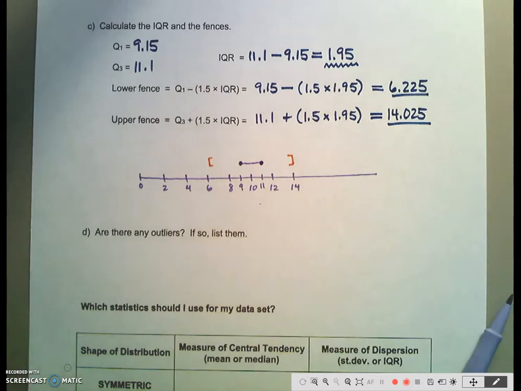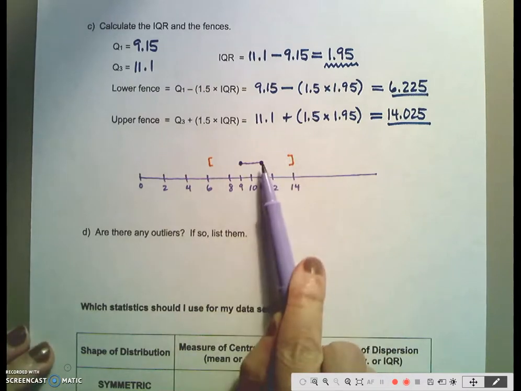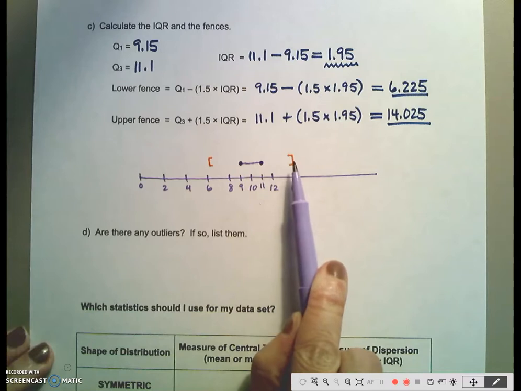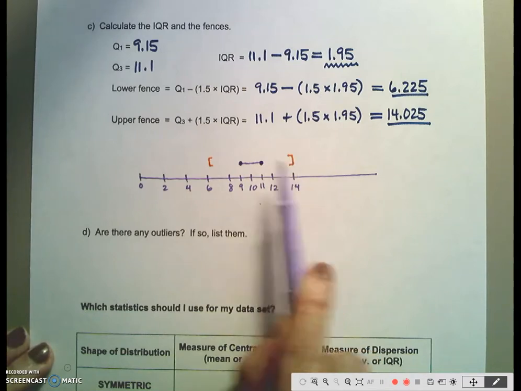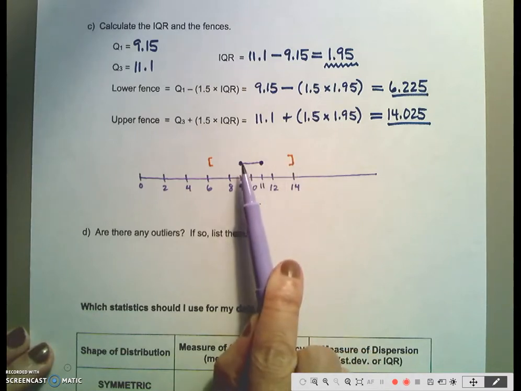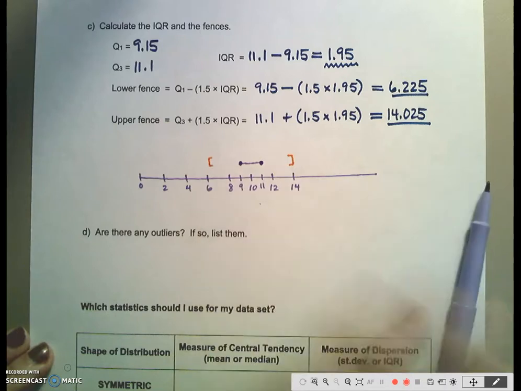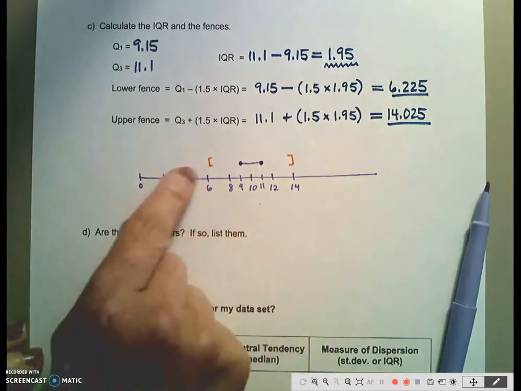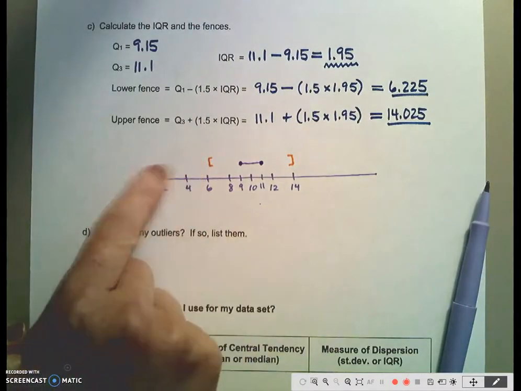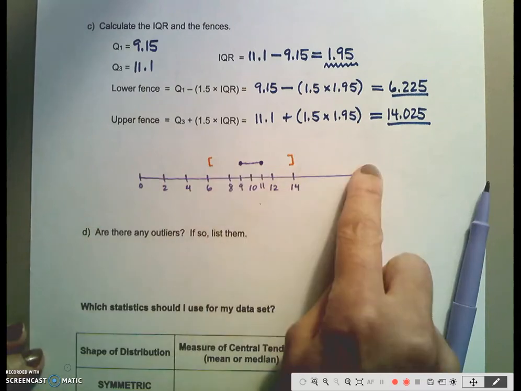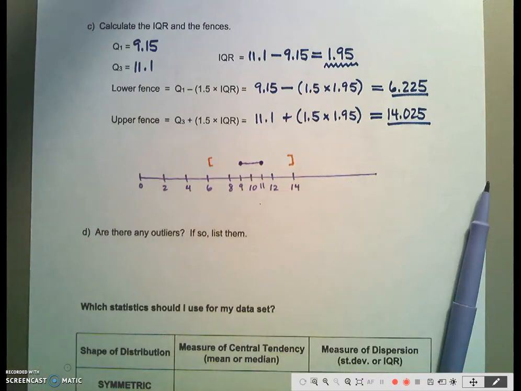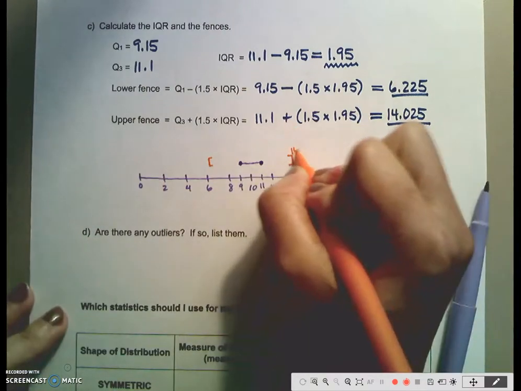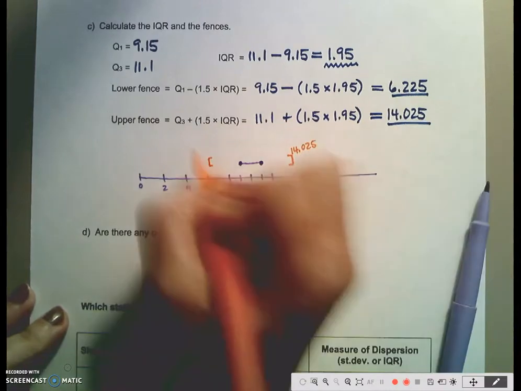So the distance from this dot Q3 up to my orange fence should be the same as the distance from this purple dot at 9 down to the lower fence. Those should be similar. So what you have is, you've got your fences. If you have any data points that are smaller than 6.225 or bigger than 14.025, you know you have an outlier. So let me label these.